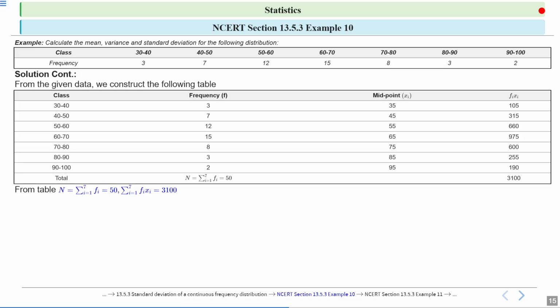So we will use these two numbers to find the mean of the distribution. Thus, mean x bar equal to 1 divided by n times sum from i equal to 1 to 7 of fi times xi. This is equal to 3100 divided by 50 and this is simply equal to 62.